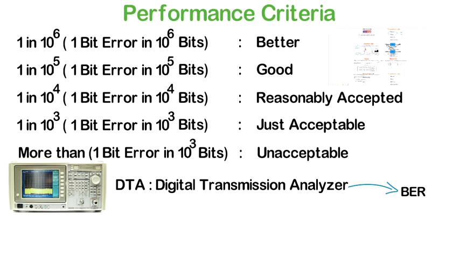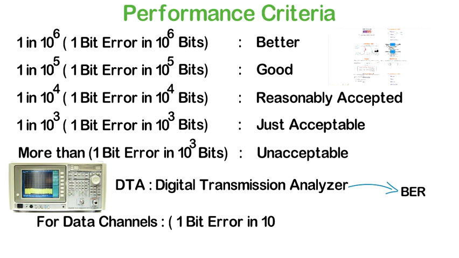Hence, it is essential to have a device with minimum amount of bit error rate, so the good quality of service can be maintained. This shows bit error rate greatly affects on data channel and data services. Hence, we accept that bit error rate should be 1 in 10 to the power 9.